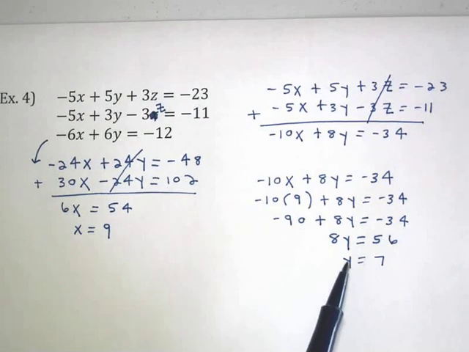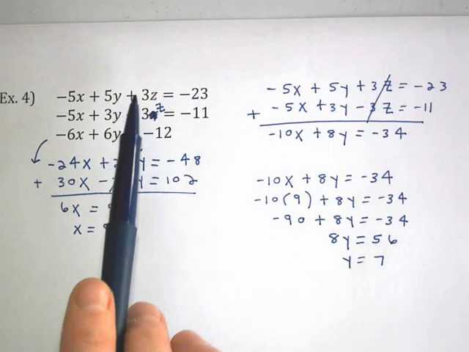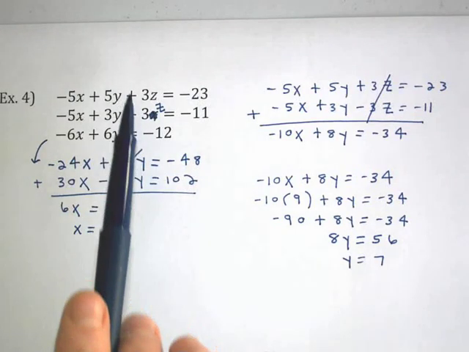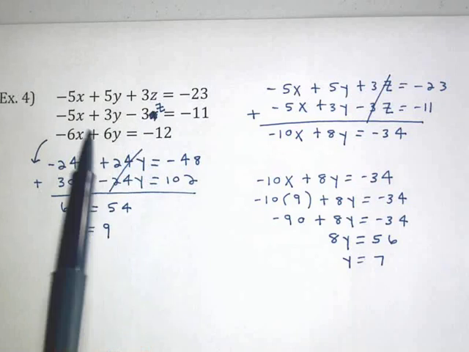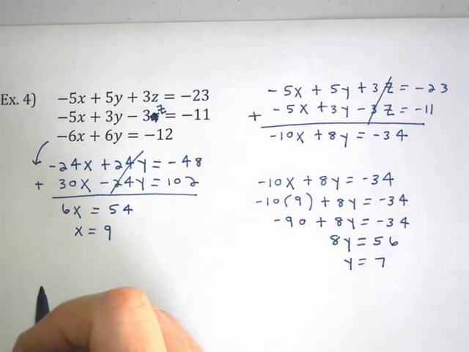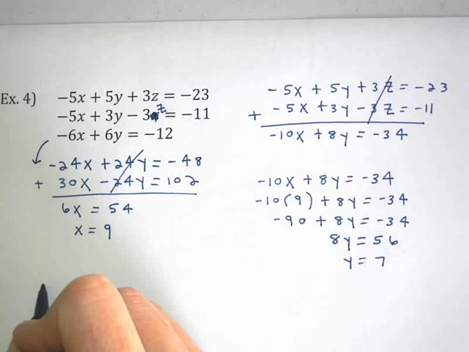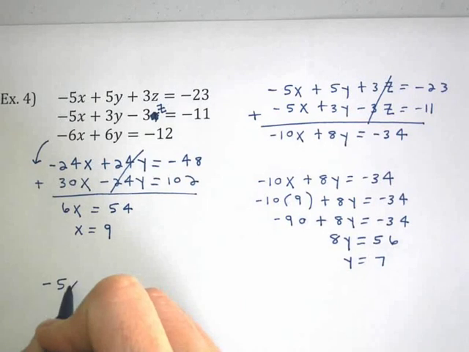All right, one variable left to go. We need to figure out what z is. So I will take x and y, and I'll put them in to find z. You can use either one of these equations. It doesn't matter which one.